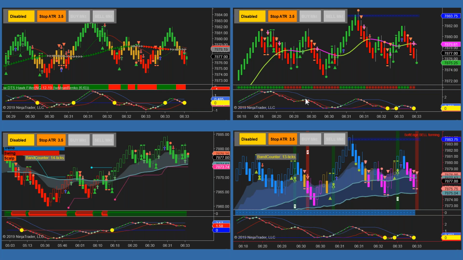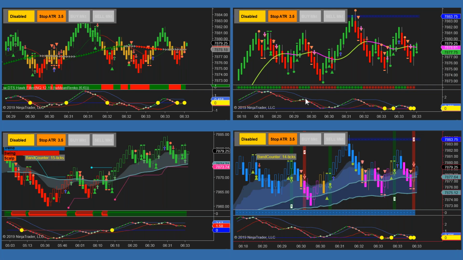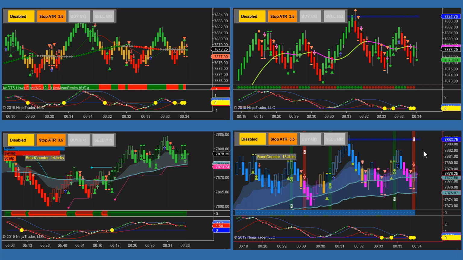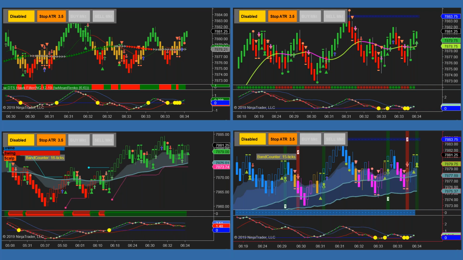I do believe it is the best market, if not one of the best markets to trade for small traders, giving you the most bang for your buck. All my settings are the default settings.